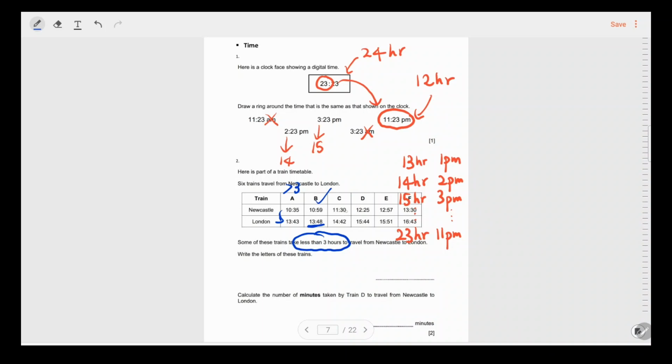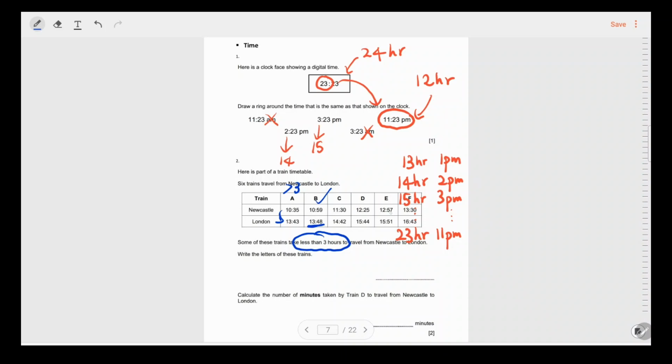And then from 11:30, 12:30, 1:30, 2:30. This is greater than 2:30. And then from 12:25, 1:25, 2:25, 3:25. This is 3:44. So again greater, which means that we need to check the last 2 trains.